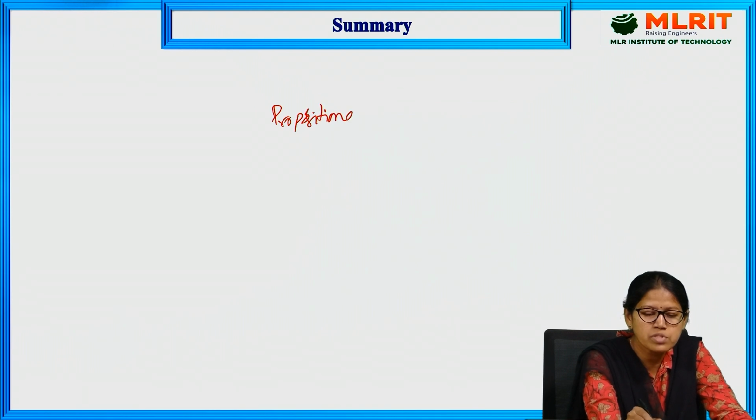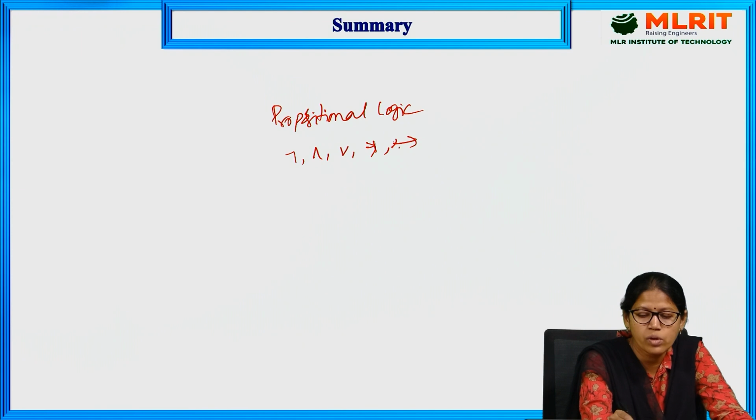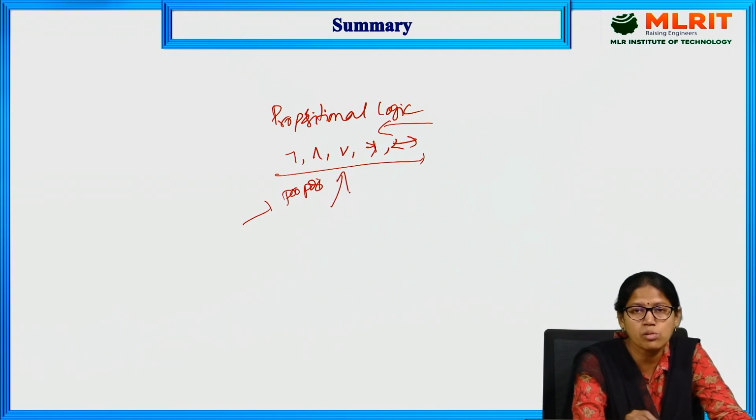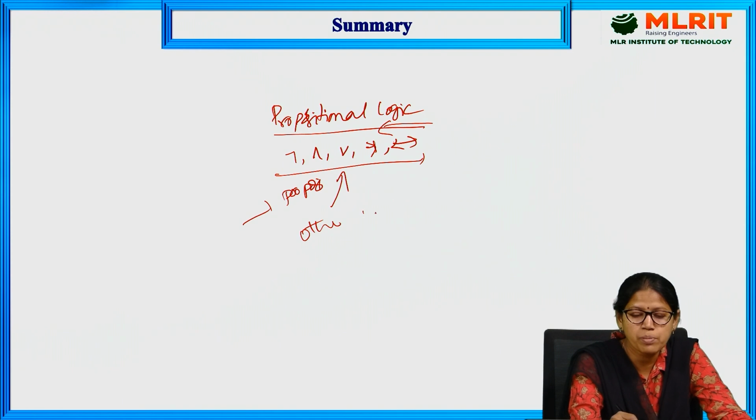So in this session we have seen propositional logic. In propositional logic we know that there are 5 connectives: negation, and, or, implies and equivalence. When we apply logic to propositional statements, it is called propositional logic. We know the truth tables here. We saw propositional calculus, that is nothing but the truth tables of all these 5 connectives.